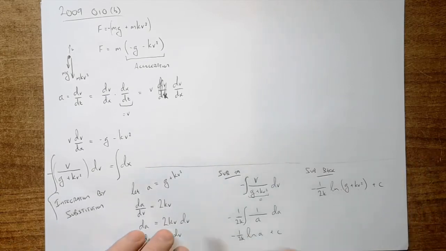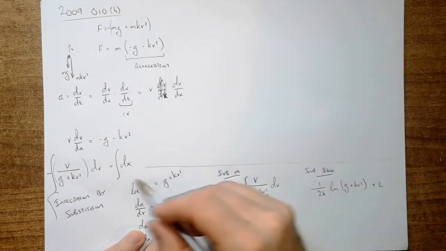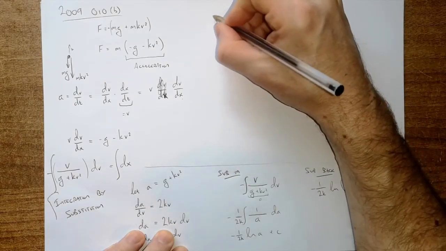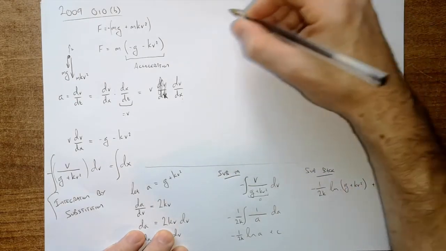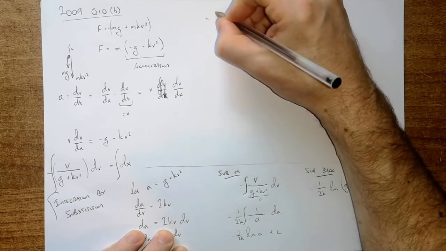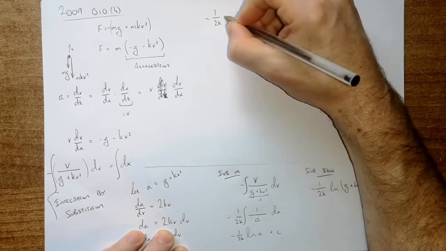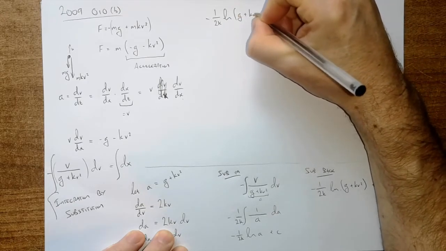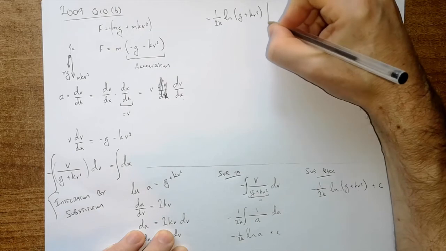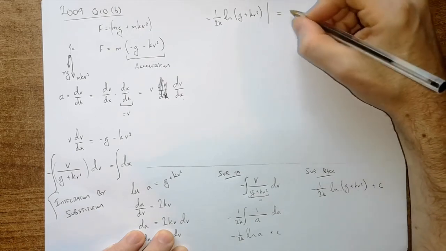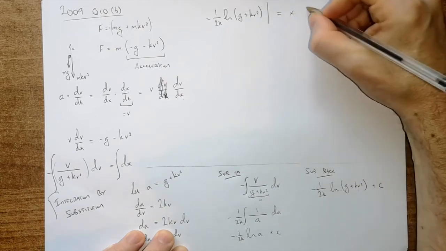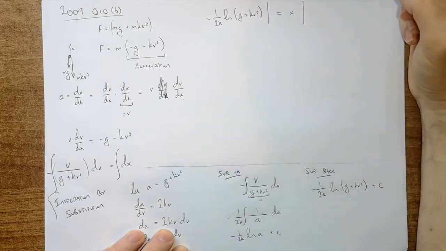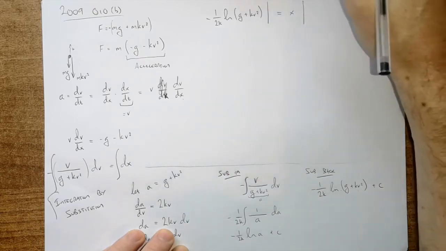Okay, so we're going to bring ourselves all the way back up here, and what we've ended up with on the x side is, I'll keep it on one side actually, minus 1 over 2k natural log of g plus kv squared, with some limits we'll find in a second, and dx just goes to x with certain limits. Okay, so what are our limits?